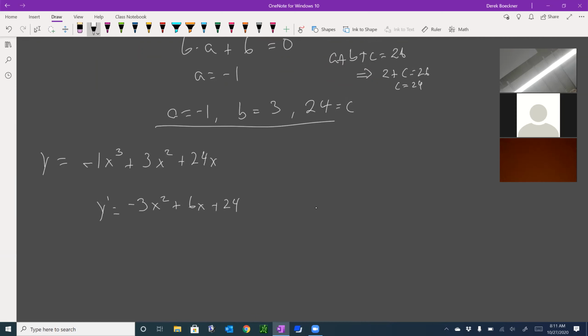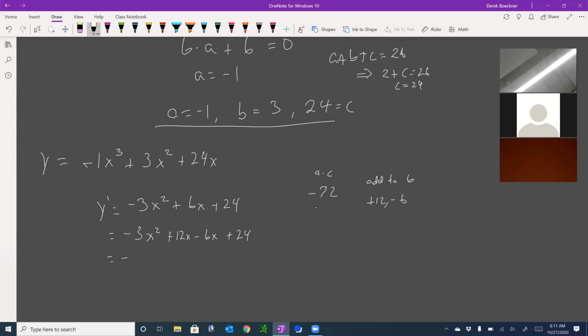I need two numbers that multiply to be negative 72 and add to be six. So a positive 12 and a minus 6 are going to be those two things. So I can factor this: plus 12x minus 6x plus 24.